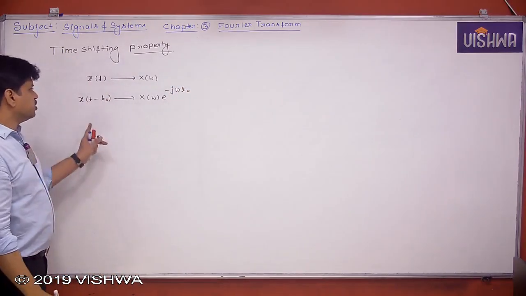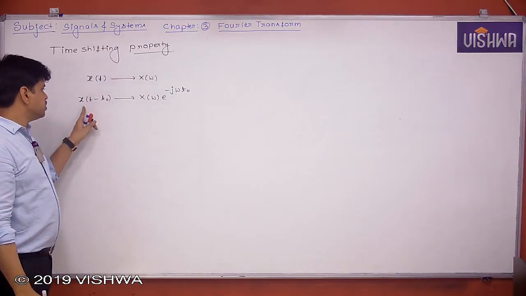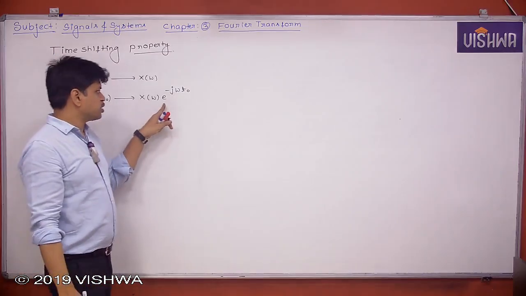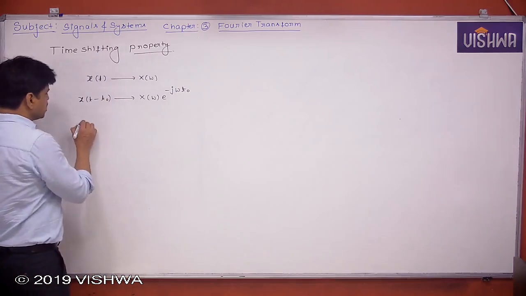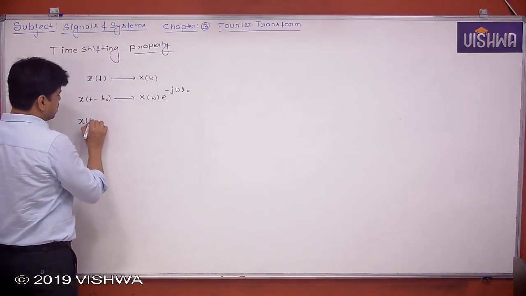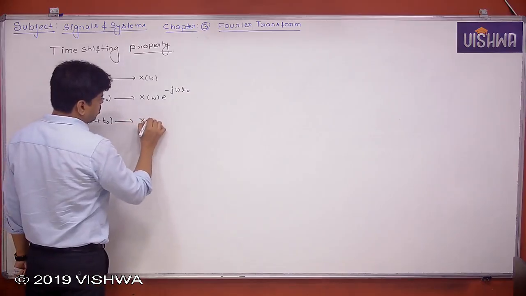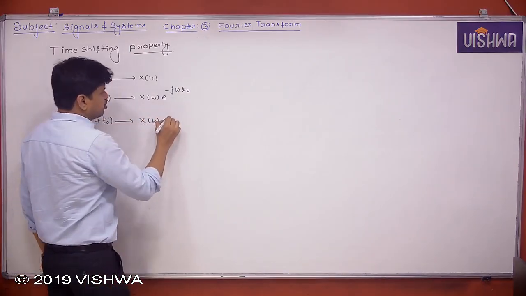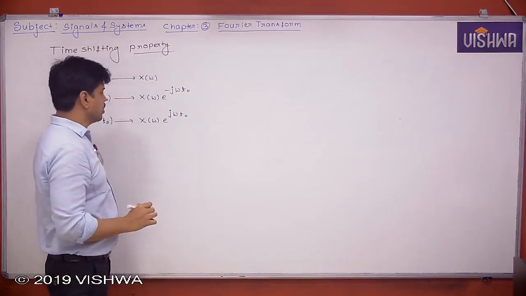So shifting here leads to exponential multiplication in the other domain. That means shifting in the time domain leads to exponential multiplication in the frequency domain. In a similar manner, if I take x of t plus t naught, then we have X of omega e power j omega t naught. So this is the Fourier transform.